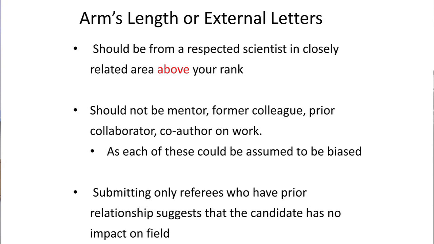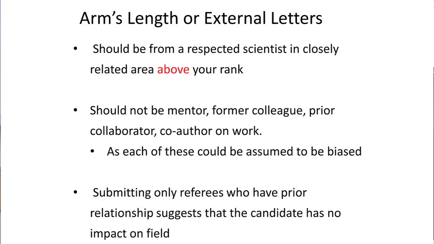This person should be a respected scientist or academic or teacher, depending on which category you are working in, in a closely related area, and is above you in rank. I've seen them where an assistant professor is going up for associate professor and all the letters are coming from other assistant professors. That is not helpful.